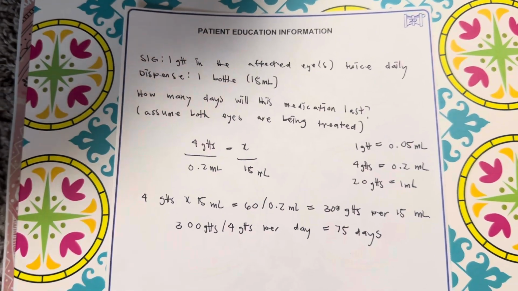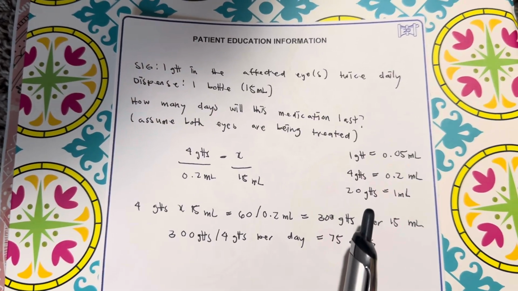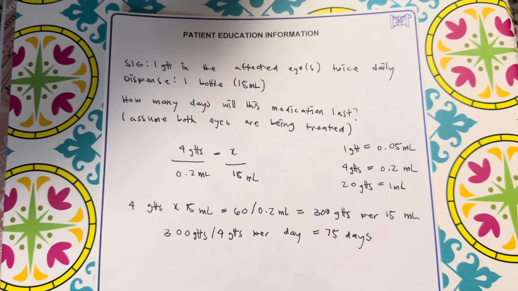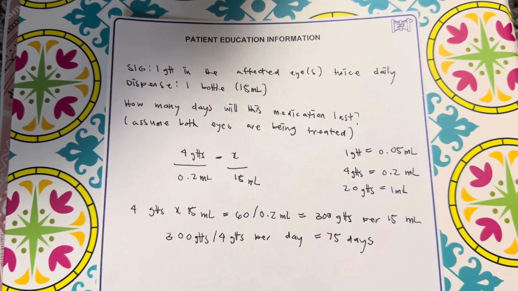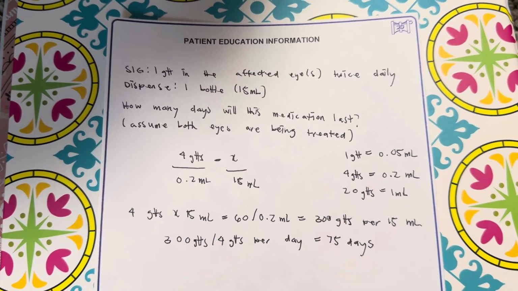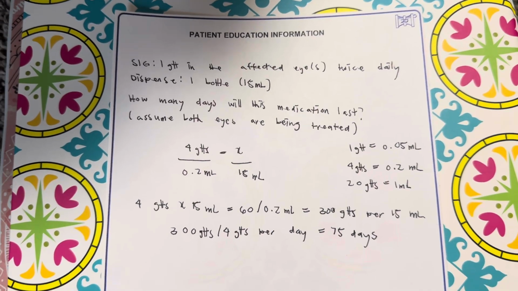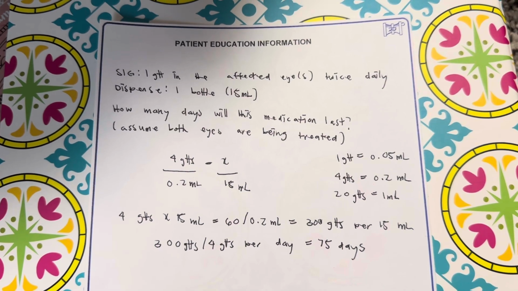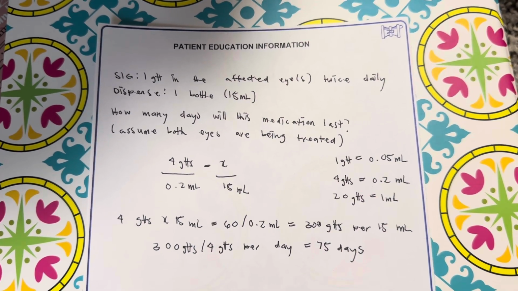In this area, I have the conversions. You'll mainly hear about the conversion: 20 drops is equivalent to 1 milliliter. You could also remember 1 drop is equivalent to 0.05 milliliters.